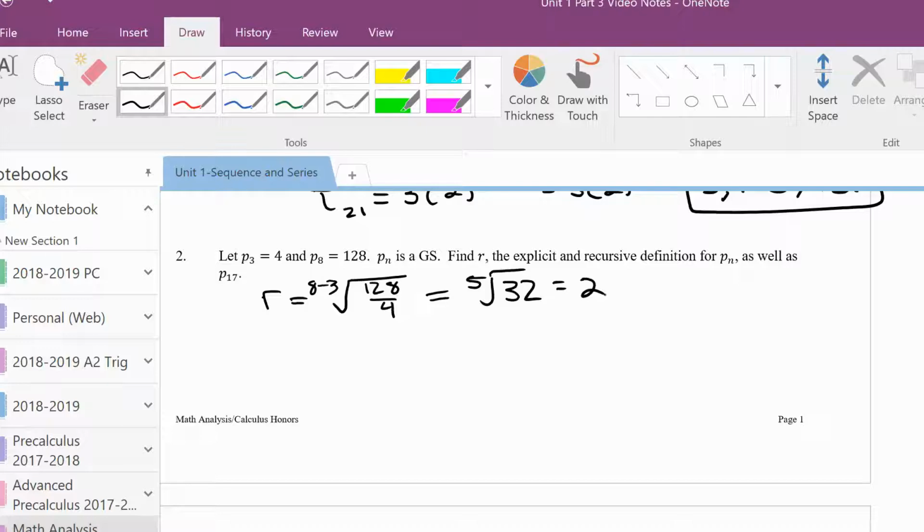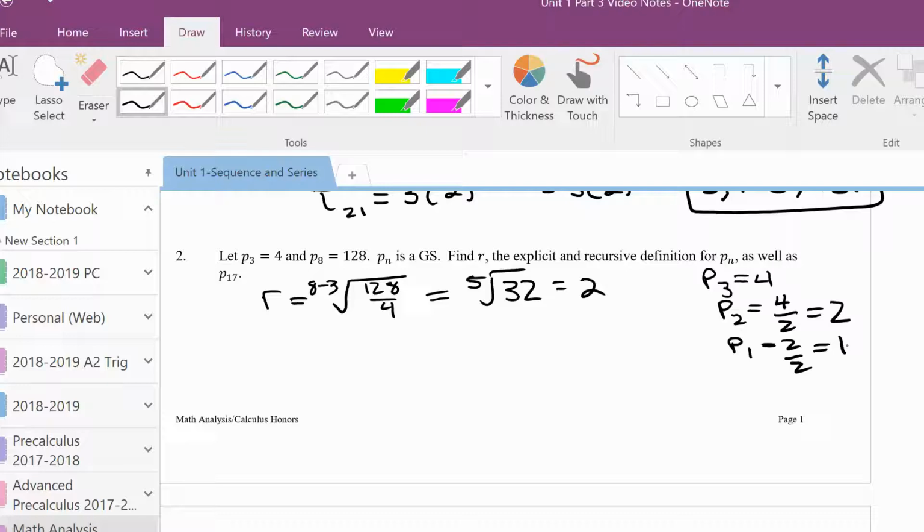So if 2 is the ratio, that means working backwards, if the third term is 4, then the second term is 4 divided by 2, which is 2. And the first term would be 2 divided by 2, which is 1.